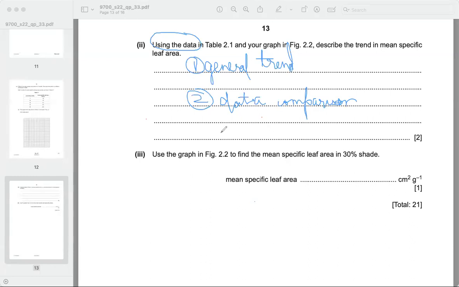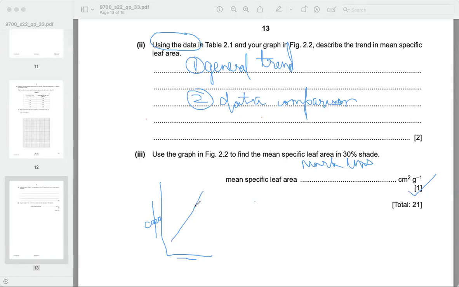The last question of part 2 is: use the graph in figure 2.2 to find the mean specific area in 30% shade. Now this question is for 1 mark, but 2 things are supposed to be done here. One is that you will have to mark this on the graph. Once you've drawn the graph, we remember that the percentage shade was right here and the specific area was right here. As the percentage shade was increasing, so was the specific area.